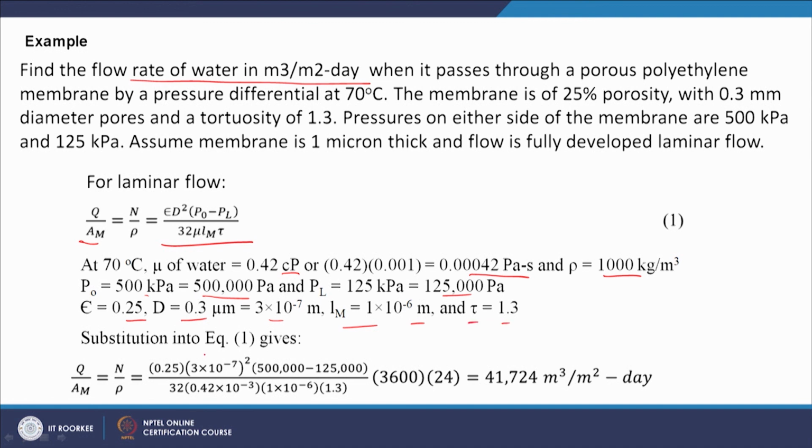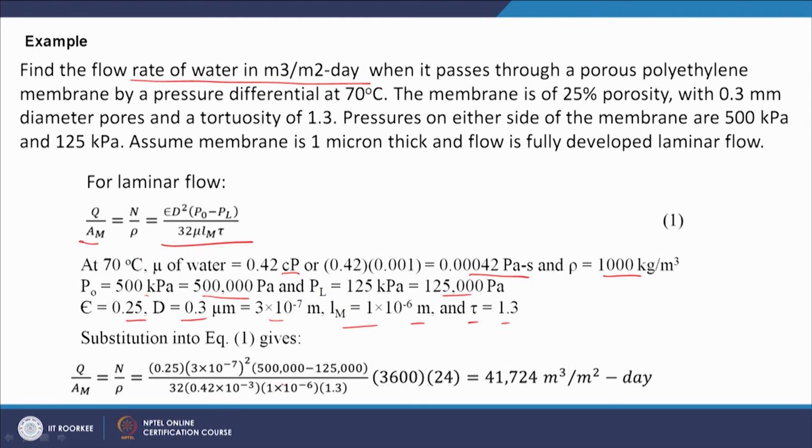By putting these values here, we get Q by AM equal to N by rho, that is equal to 0.25 into (3 into 10 to the minus 7) squared into (5 lakh minus 1 lakh 25,000) divided by 32 into 0.42 into 10 to the minus 3 into 1 into 10 to the minus 6 into 1.3.